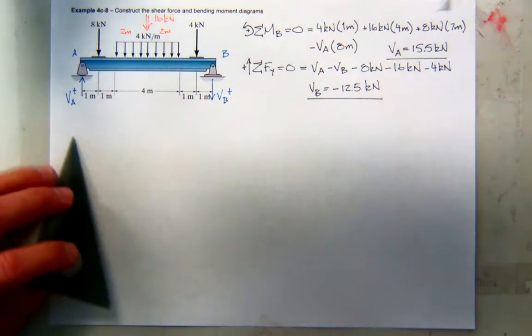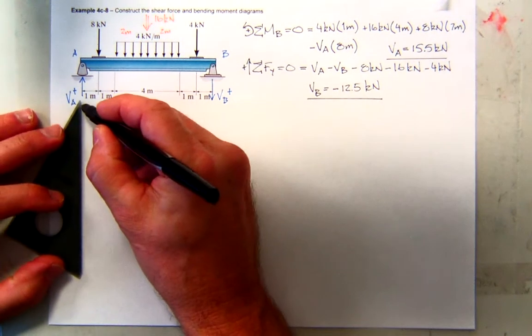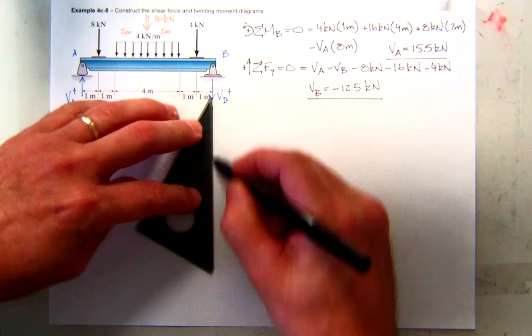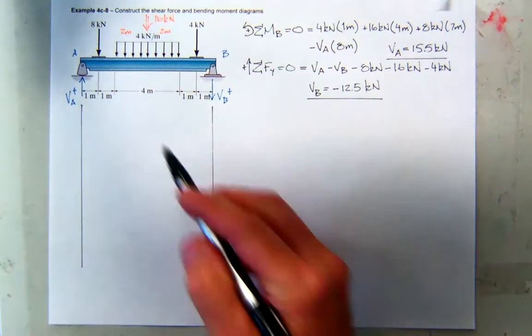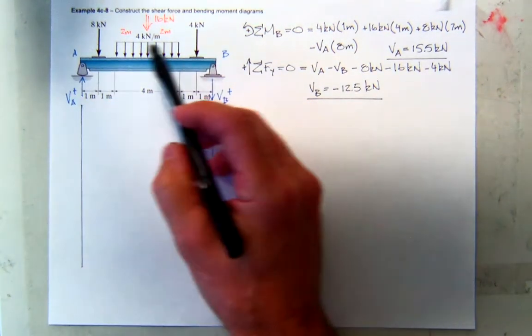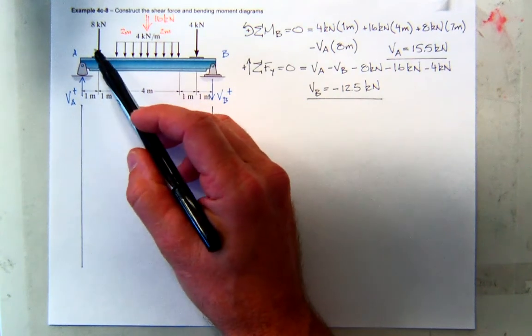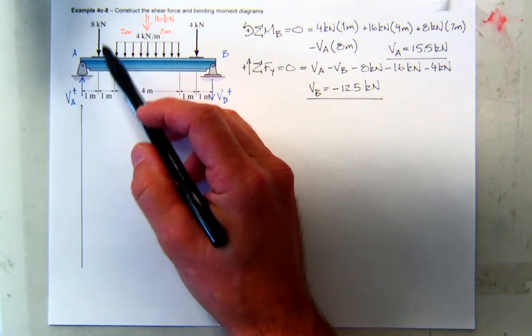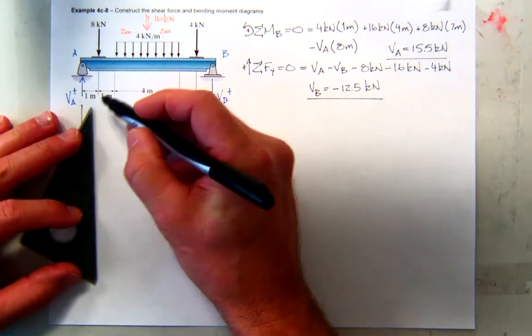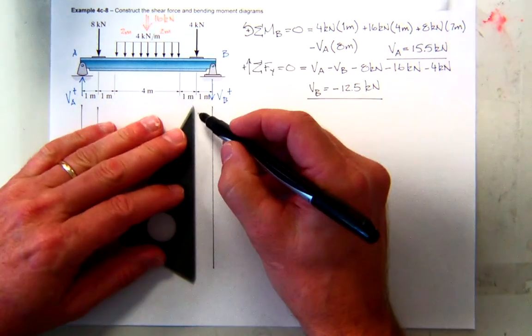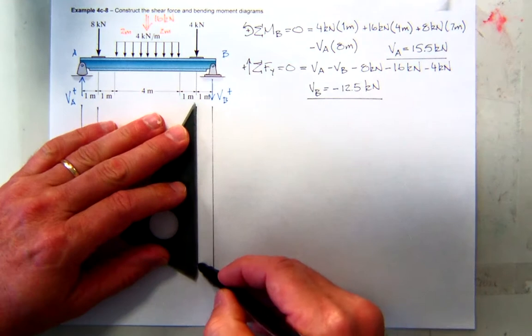So let's see what the shear force and bending moment diagram is going to look like. So I'll construct a template. There's my left edge and my right edge. From our discussion about the shear force and bending moment equations, we know we've got something going on here. As we go left to right, we're going to pass through that force, so we know something's going to change there about our shear. There and there.